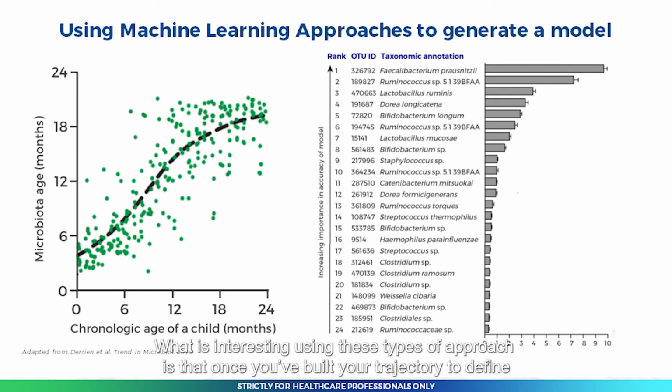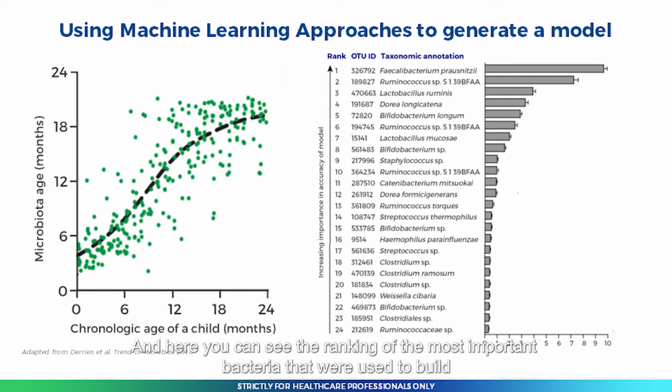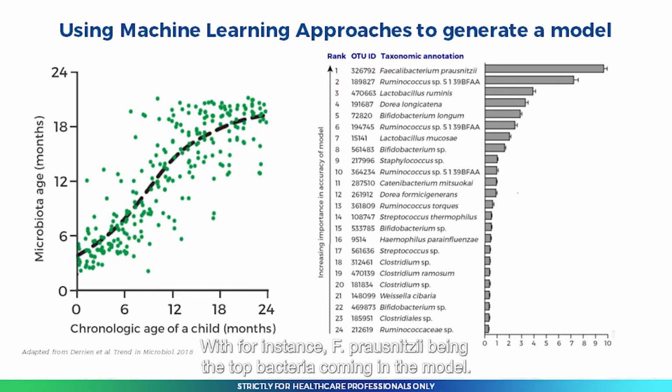What is interesting using this type of approach is that once you've built your trajectory to define the range where your microbiome should be at a certain age, you can then look at which bacteria are actually important in building the trajectory. And here you can see the ranking of the most important bacteria that were used to build this example of trajectory, with, for instance, F. prausnitzii being the top bacteria coming in the model.